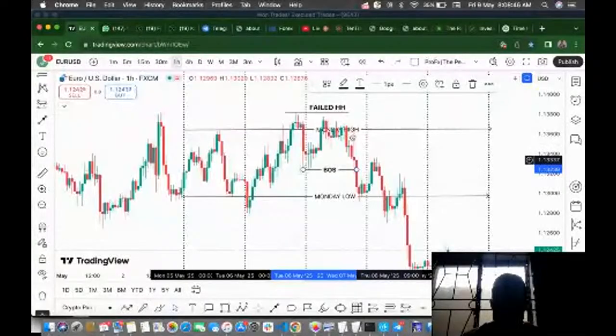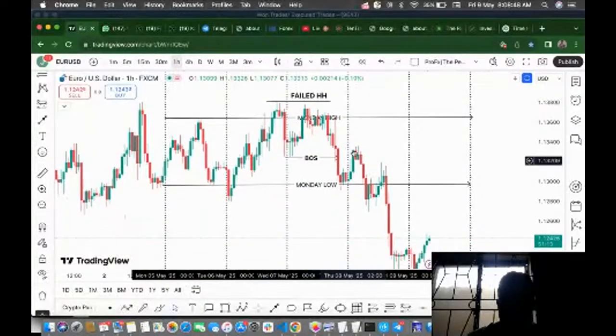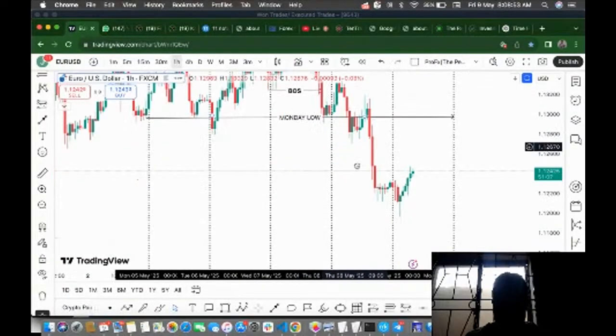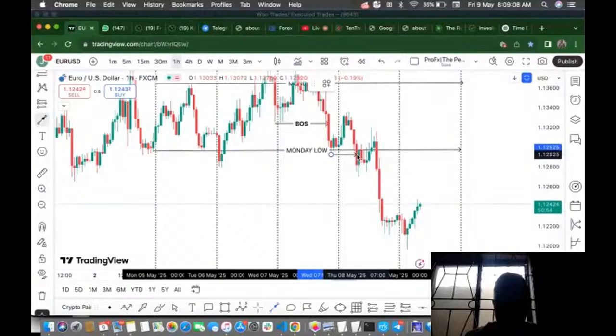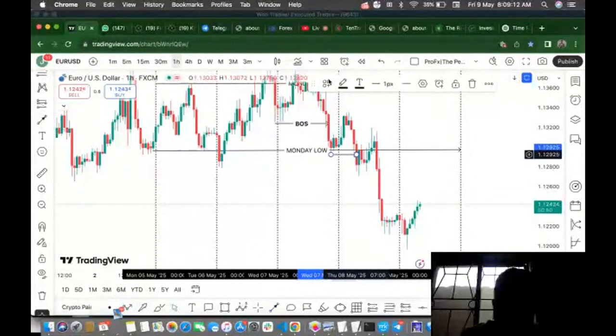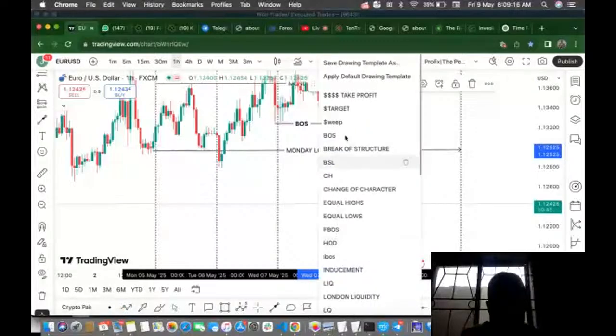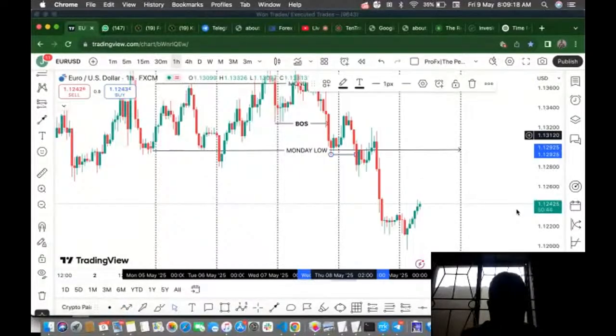So this happened during the Asian session. The Asian session gave us a confirmation of break of structure again, a new break of structure happening yesterday. So I said that what you take yesterday is sell. What you take yesterday is sell. It's so clear as day.